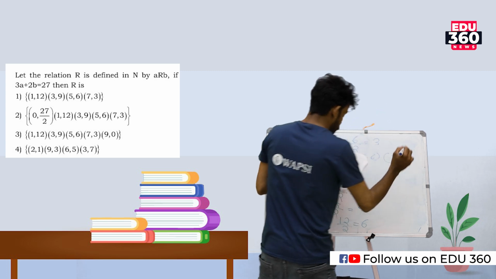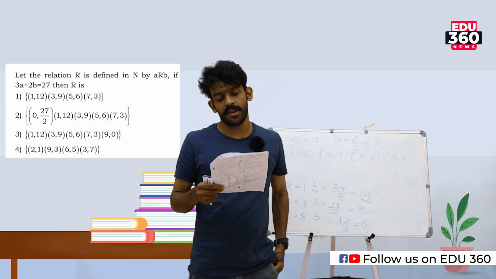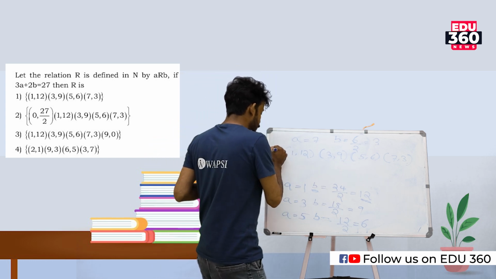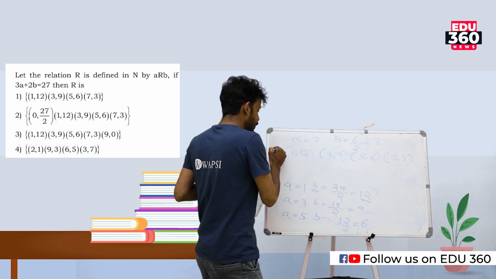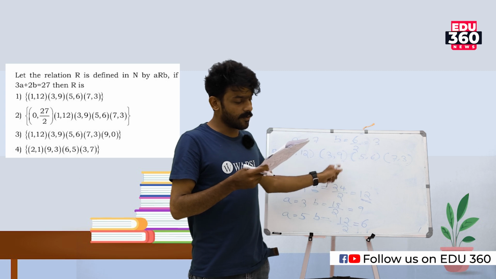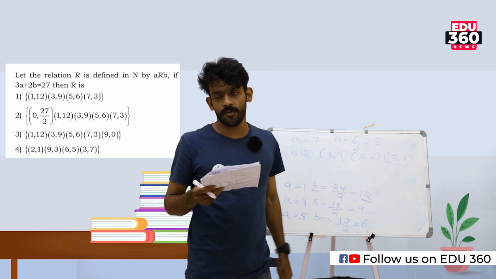So for this question, option A is the correct answer. So this is the relation R is equal to {(1, 12), (3, 9), (5, 6), (7, 3)}. This is the correct answer for this question.